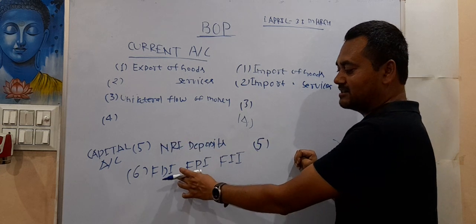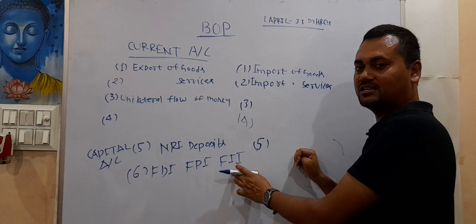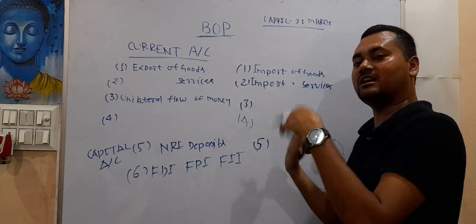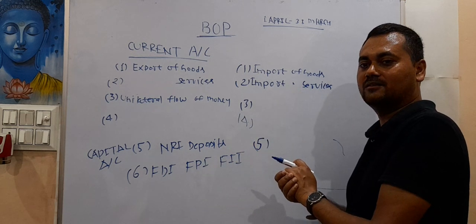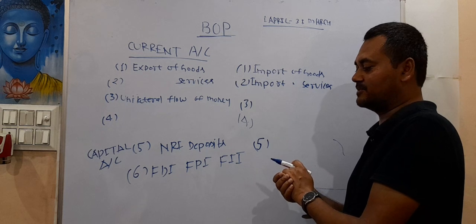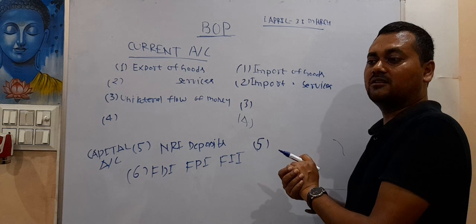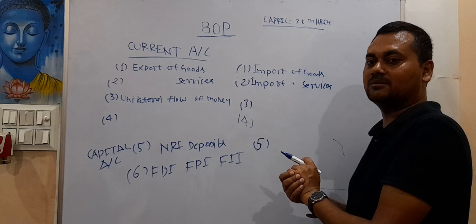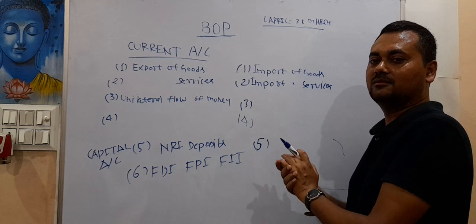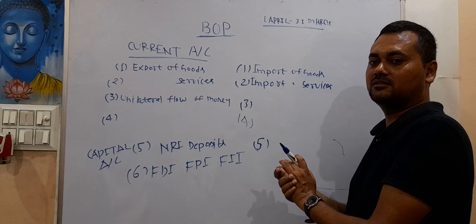In the same manner, the FDI, FPI and FII which are coming into India, we Indians also do FDI, FPI and FII. Not in very developed countries, but certainly in countries like Bangladesh, Nepal, Bhutan, Sri Lanka.